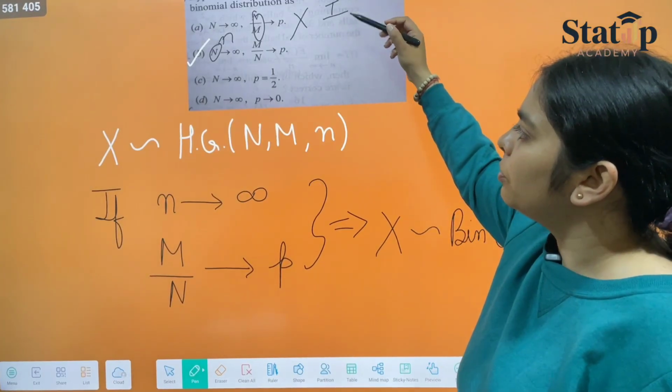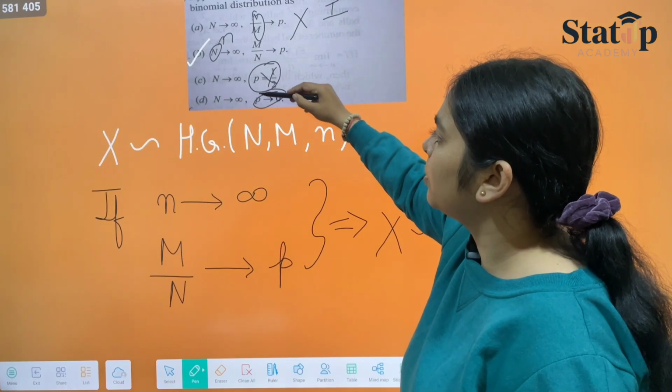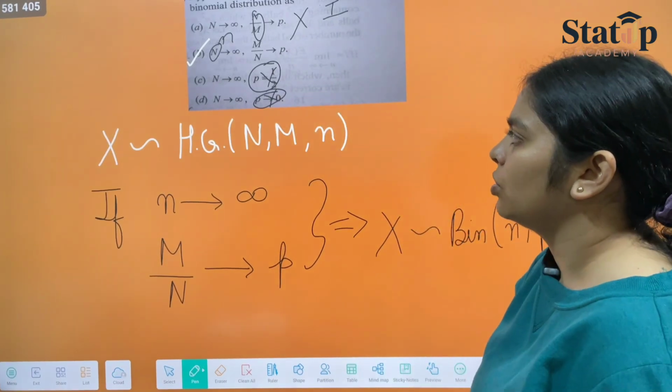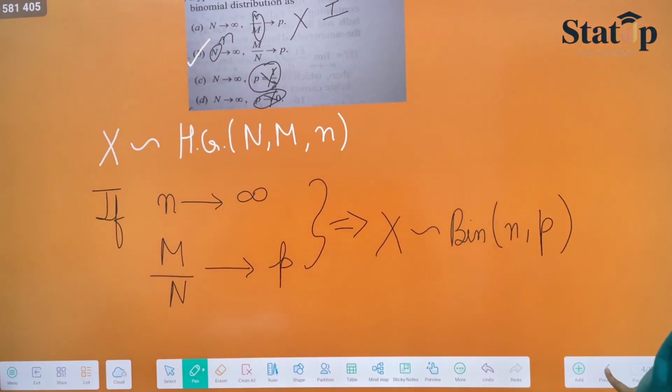So that cannot be the probability. Here the probability is half, which is also not the case, and here probability reaches 0, which is also not the case. So our option B is correct, and it should be small n.